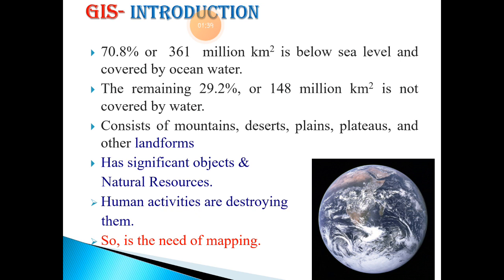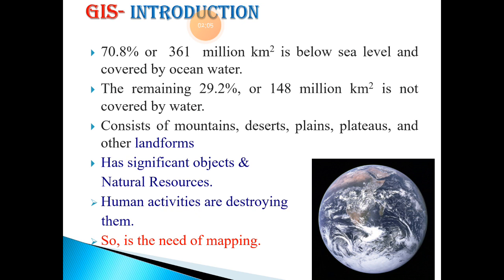The rest 1/3 of it, that is 148 million square kilometers, forms the areas of land and ecosystems that include mountains, deserts, plains, plateaus, and other forms of land. These landforms are generally noted as terrestrial biomes.